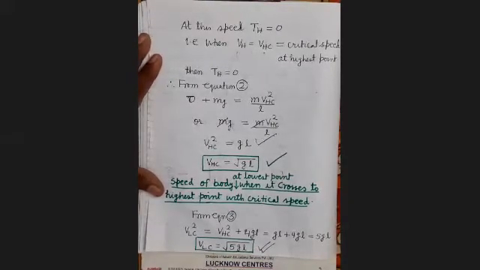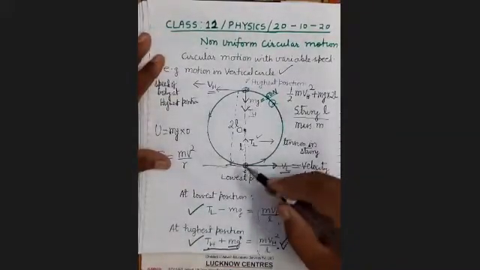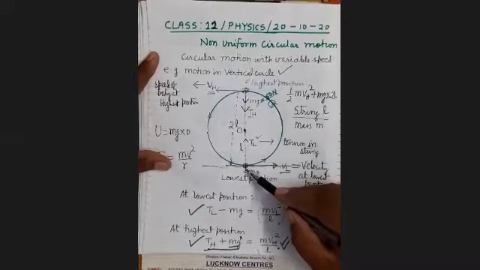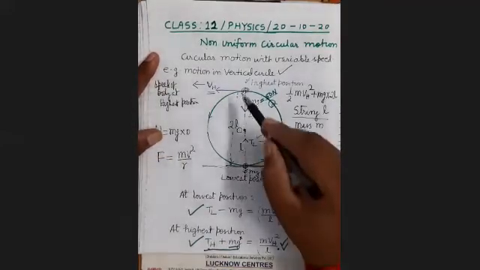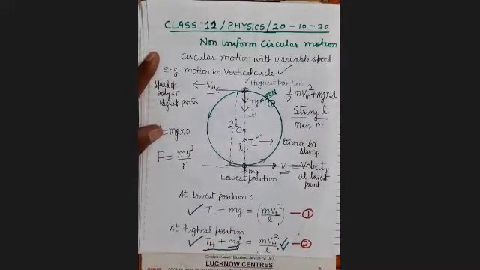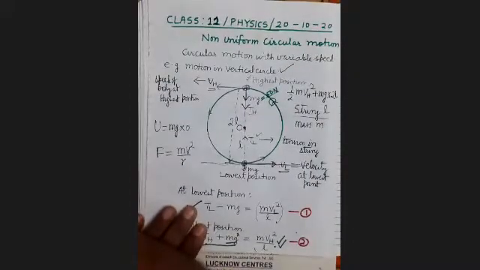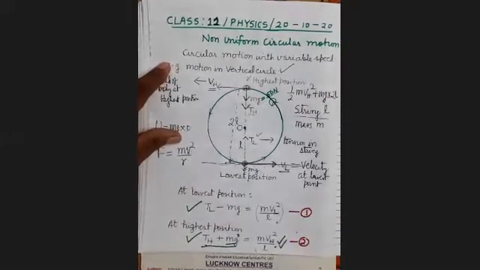Here we can say that body is just completing the circle when speed at the lowest point is root 5GL, or speed at the highest point is root GL.